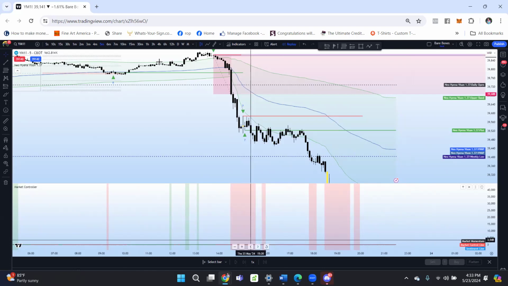But just know that it was time-based liquidity based off the Asian high, right? We had the absorption, and I was ready to go at that point. That's all you need. You don't need crazy amounts of confluence to get into the market. In fact, the more confluence you use, the fewer trades you're probably going to make, right? It's not about having a million confluences, it's about having the right confluences.